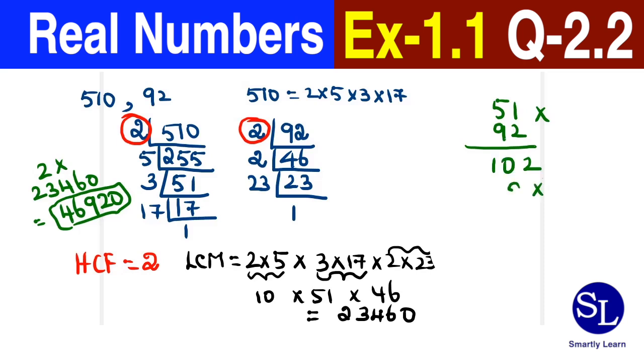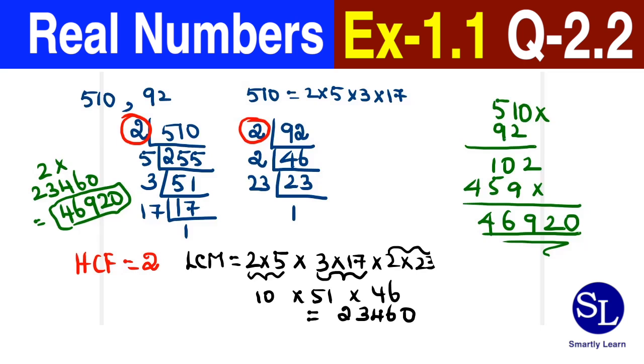Now 9 ones are 9, 9 fives are 45. So now add on: 4692. And remember it is 510, so I'm going to add a 0 here. So it is 46920, which is already what we have got as a product of HCF and the LCM.